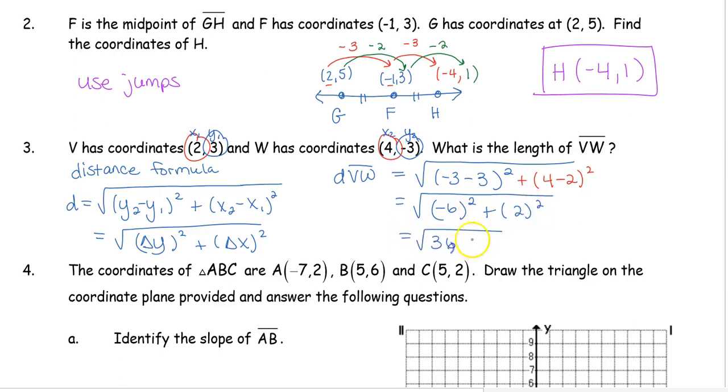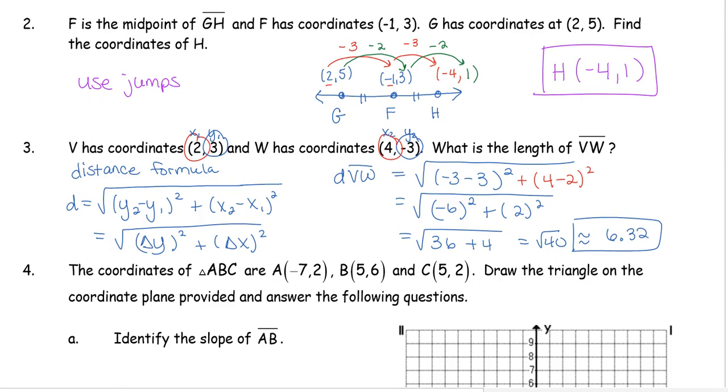That gives us 36 plus 4, leaving us with the square root of 40. Right now we don't have to worry about breaking that down. We're just going to simplify it. So on our calculator we're going to do the square root of 40. And we find out that that's going to be about 6.32.